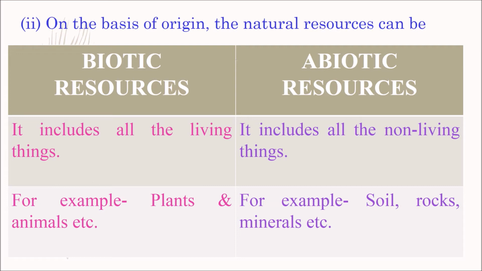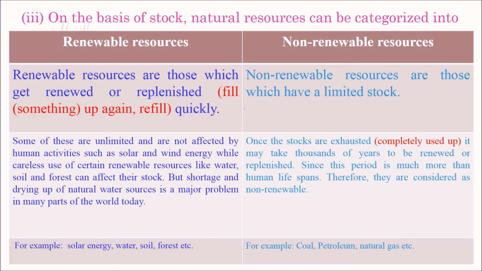Examples of biotic resources are plants and animals, etc. Examples of abiotic resources are soil, rocks, minerals, etc.